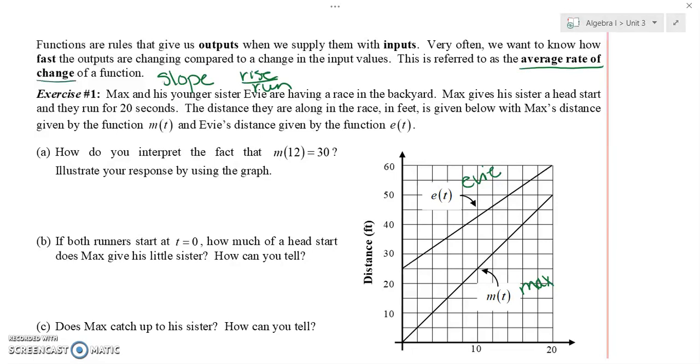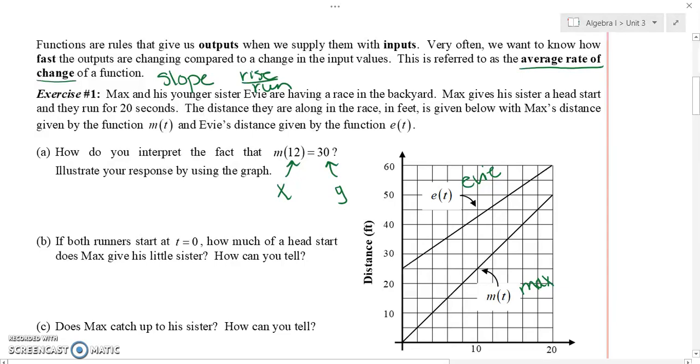So if we take a look at the graph and we think about this, m of 12, what does the 12 stand for? What does the 30 stand for? By now, through Unit 3, we should know this. The 12 stands for x, and the 30 stands for y. So how do we write this as a point?